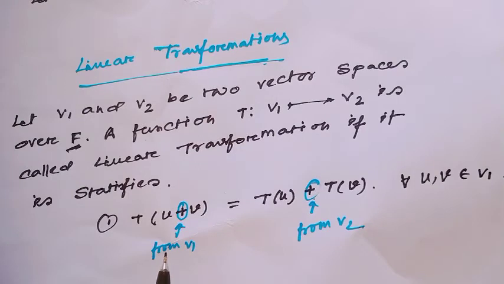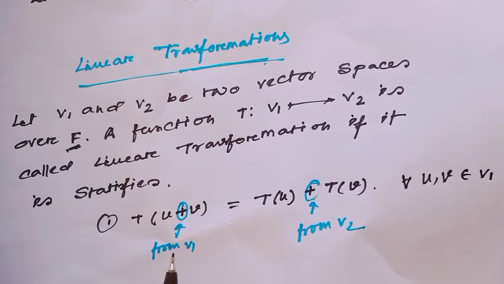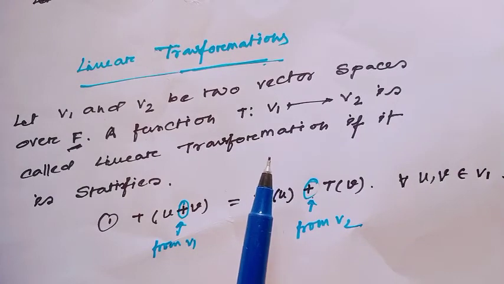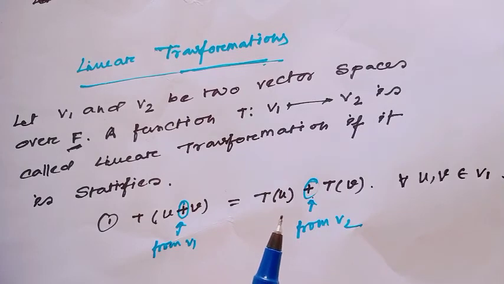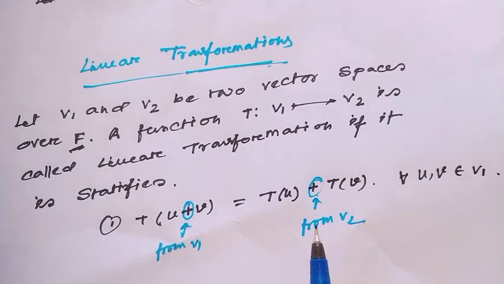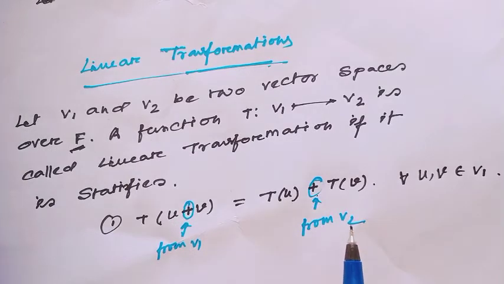That means if we add two vectors u and v from V1 and then transform them, it is the same as first transforming them and then adding them together.